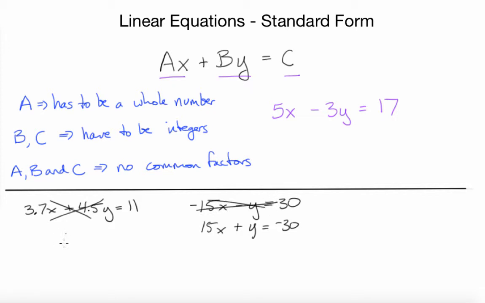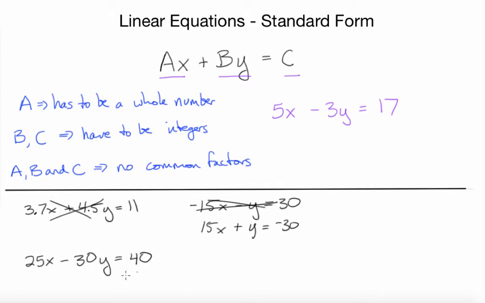Here's another example of what is not in standard form. If I have 25x minus 30y equals 40, it seems like when you first look at it, all right, we've got whole numbers, integers, a is positive, but the problem with this example is a, b, and c have common factors. So 25, negative 30, and 40 all have a common factor of 5.